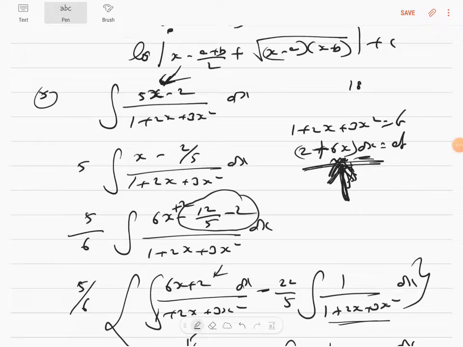Let me see if my answer is right. Exercise 7.5, the sum number is 18.